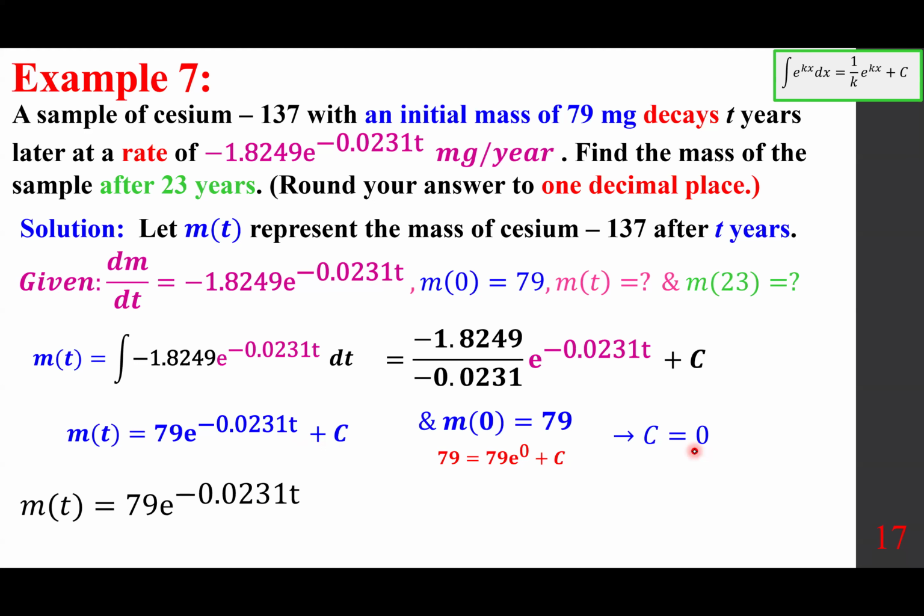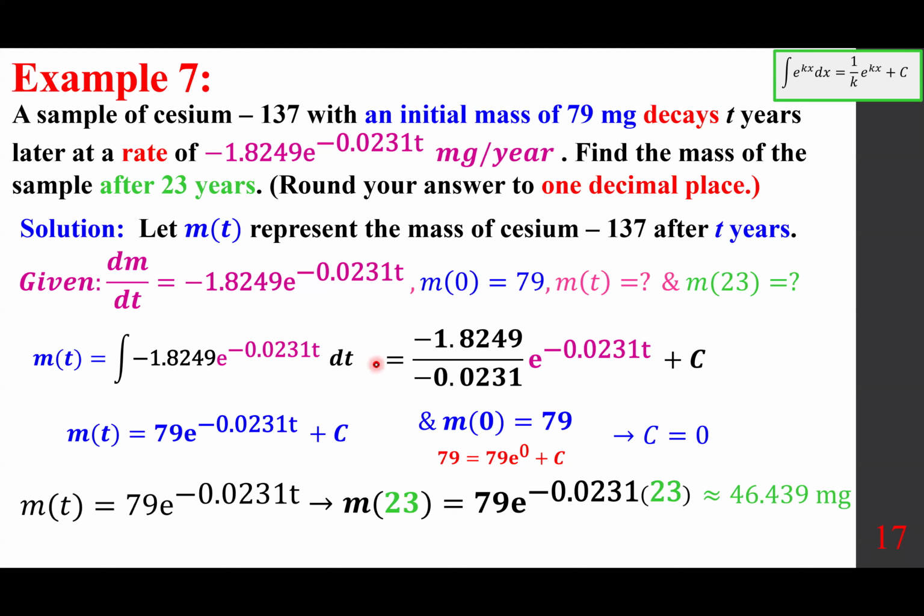Now we are ready to plug in 23 and find M of 23. So into this formula, replace the T with 23, which means M of 23 is the same thing. Replace the T with 23, multiply these two, raise the e to that power, multiply by 79. In other words, put it into a calculator. You always use many decimals in every intermediate step.